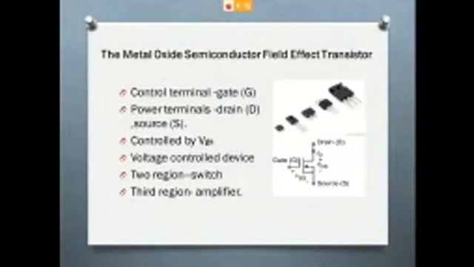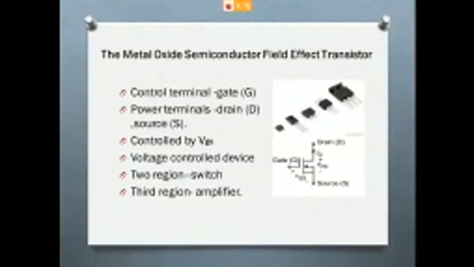Next one would be one of the most commonly used, the MOSFET, that is metal oxide semiconductor field effect transistor. This is also a 3-terminal device, being the drain, source and a gate. So the control terminal is the gate and the power terminals are the drain and the source. This is basically controlled by the voltage in the gate-source region.